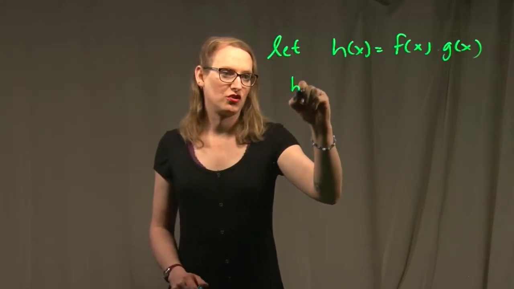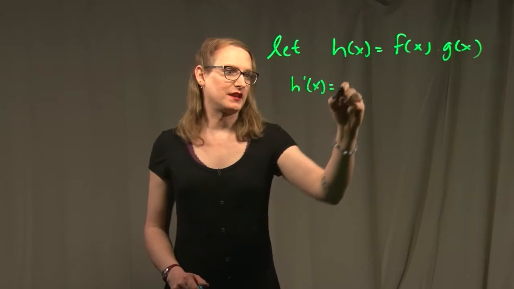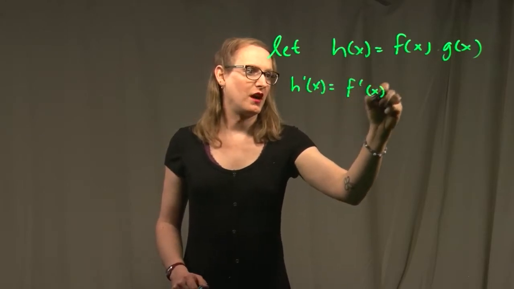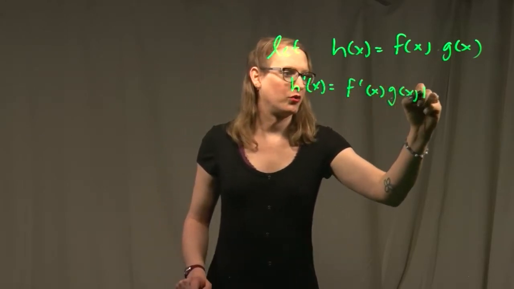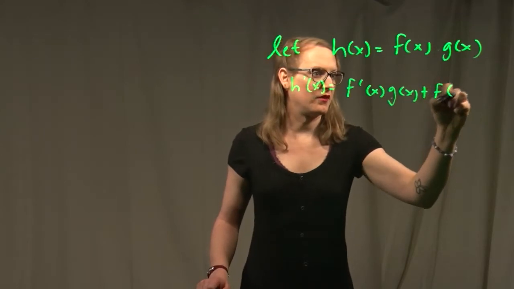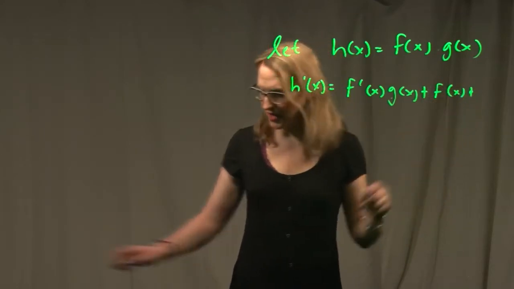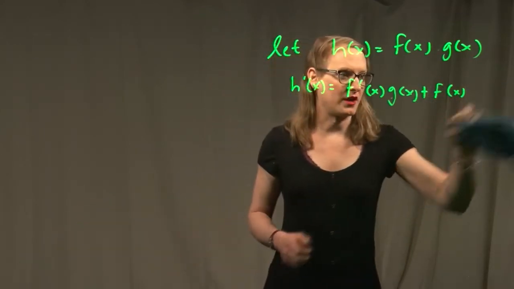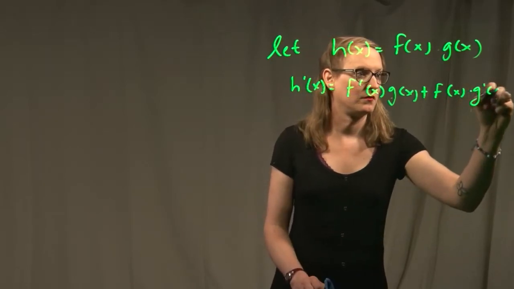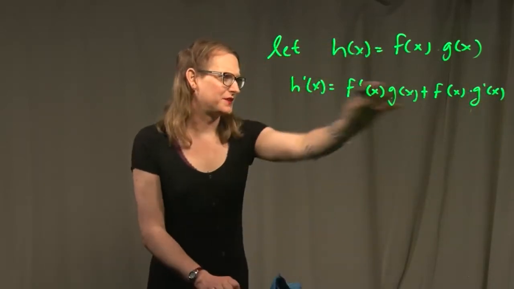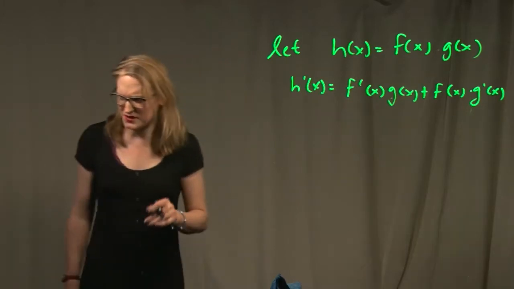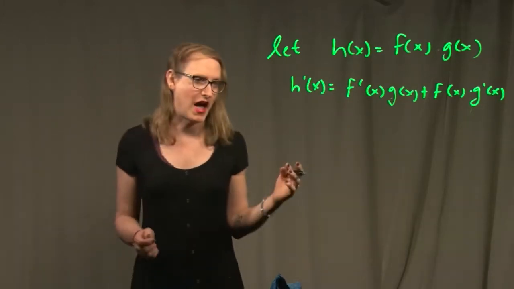Then h prime of x is f prime of x times g of x plus f of x times g prime of x. Let me omit the of x's in that string of symbols because I feel like that's a bit x heavy.